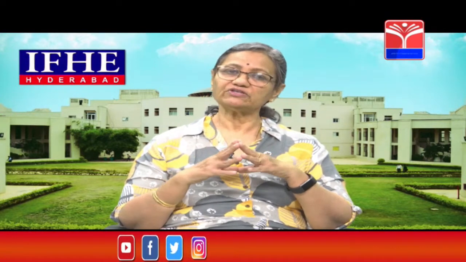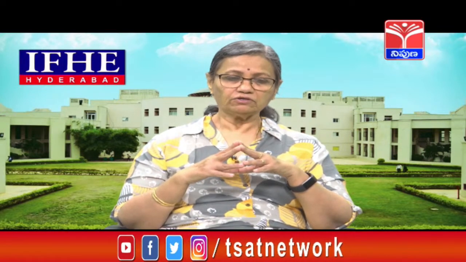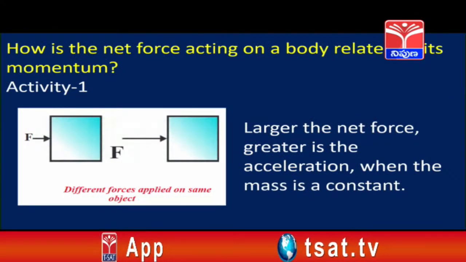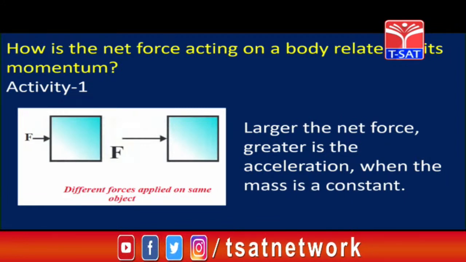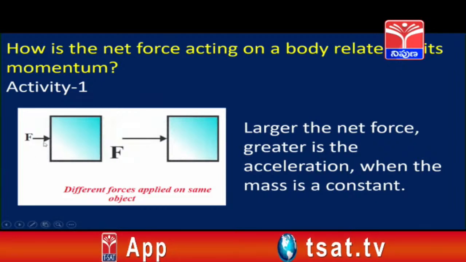So, here I am going to describe an activity, let us call that activity 1. In activity 1, look at the figure there, you have a box, obviously it has got a mass, it is on a horizontal surface, it is at rest. So, you want to move it. On the left you find that you apply a small net force.